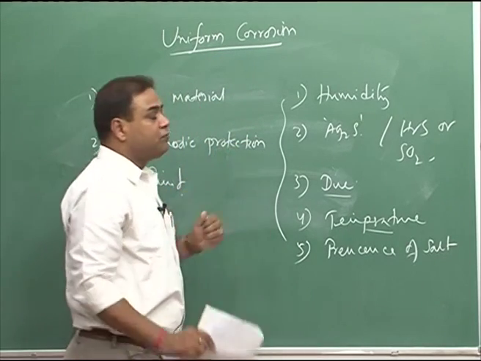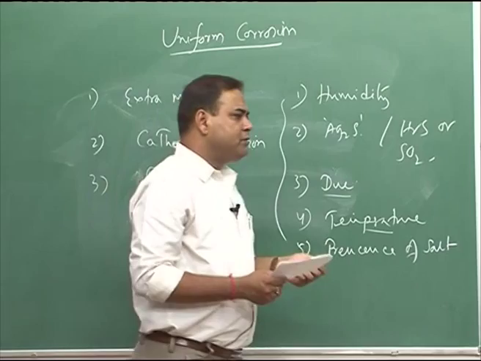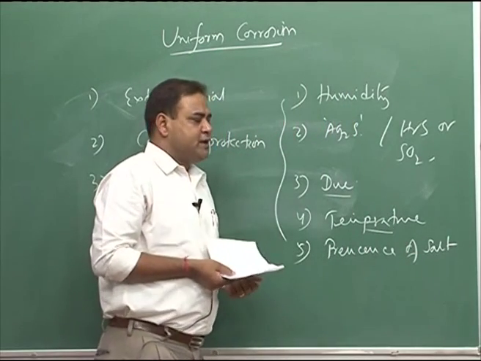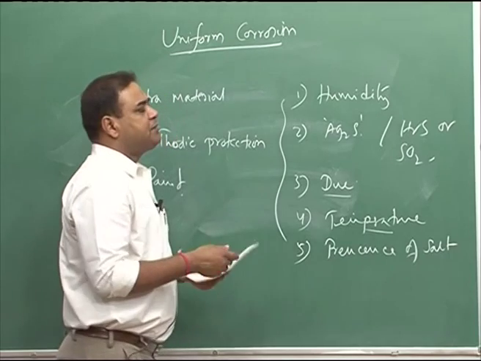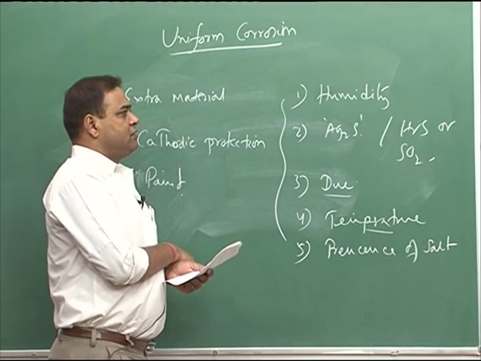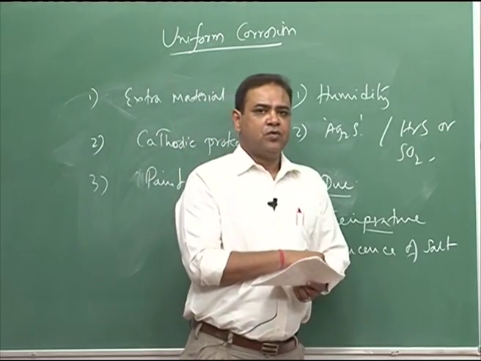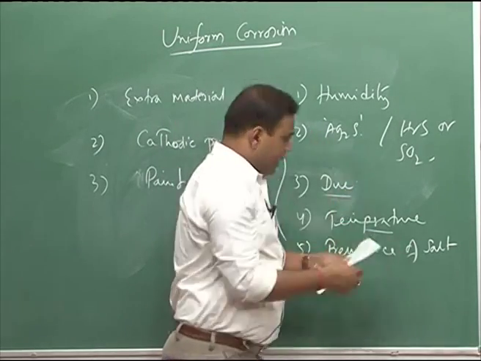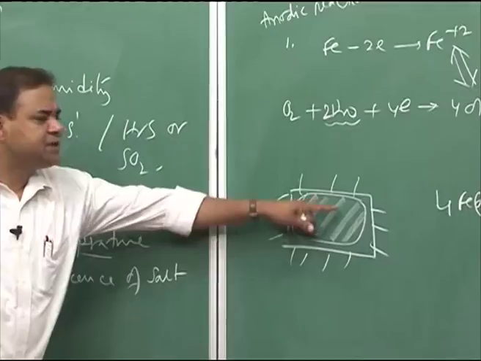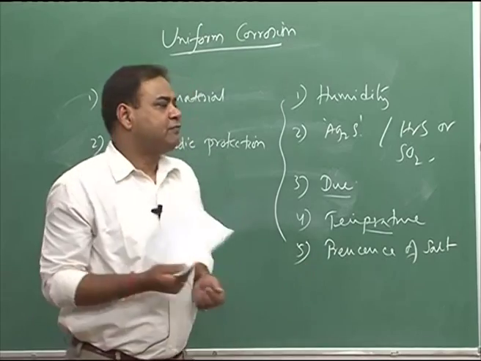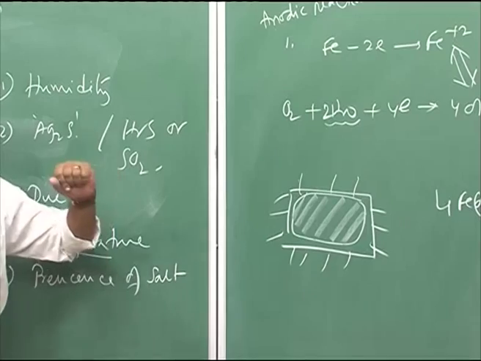So, this is about uniform corrosion, but the more important corrosion phenomenon would be localized corrosion. In case of uniform corrosion, we can greatly predict the life of a particular structure.